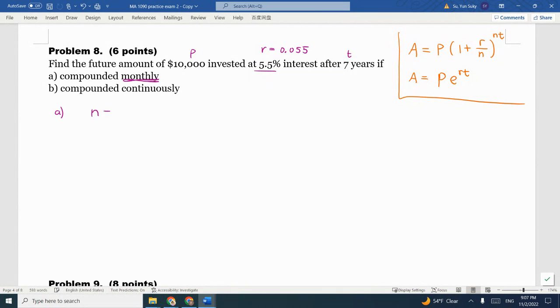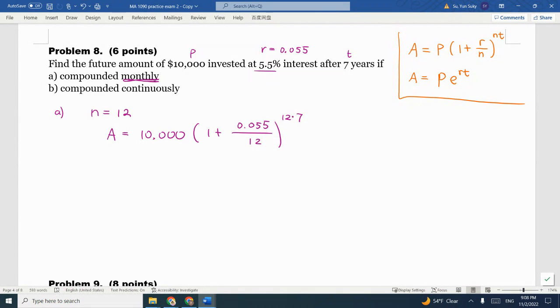How many months in 1 year? 12, right? Now we know all the information. Plug in. P is 10,000, times 1 plus R, R is 0.055, over N, N is 12, raised to the power n times t, N is 12 and T is 7.